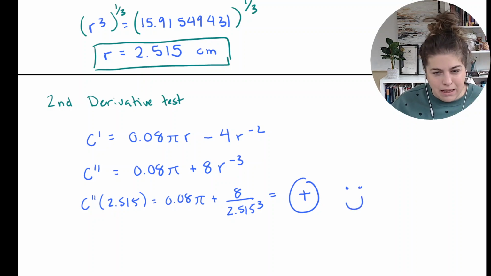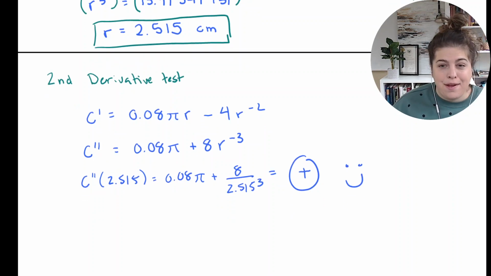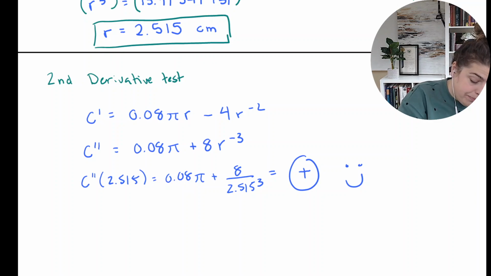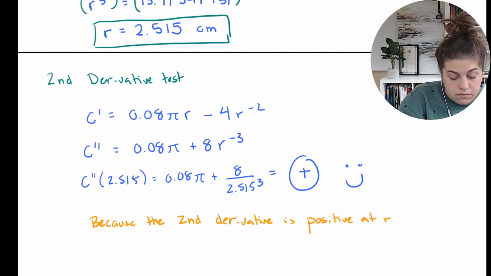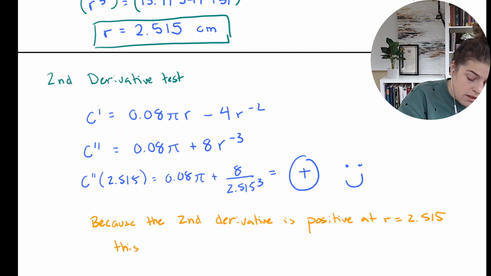Remember, positive smiley face, and therefore we have a minimum, right? This is a minimum.